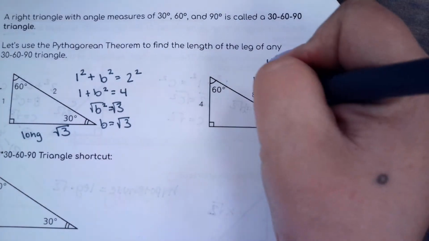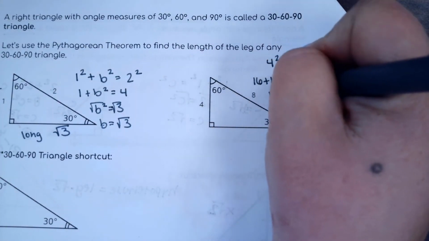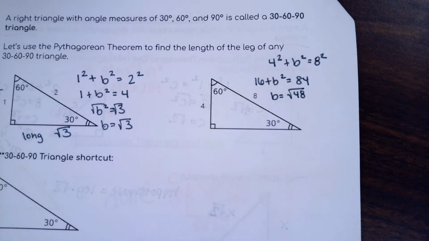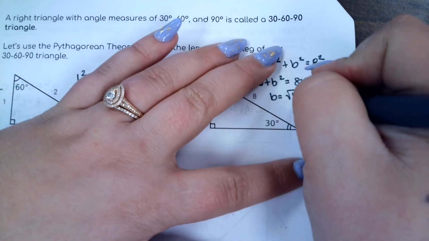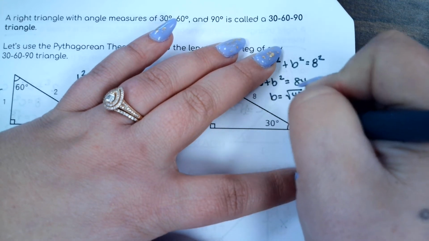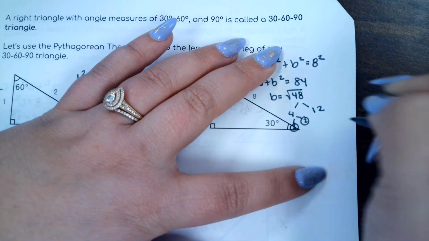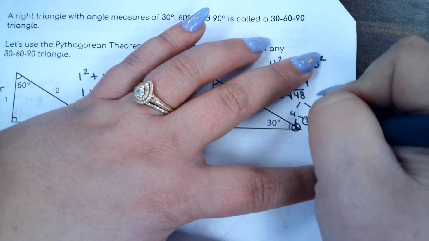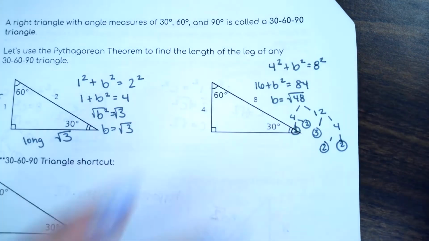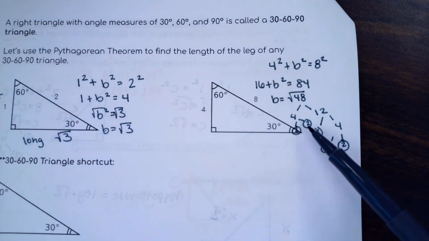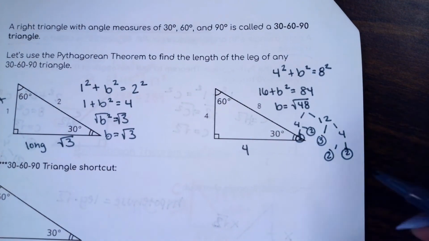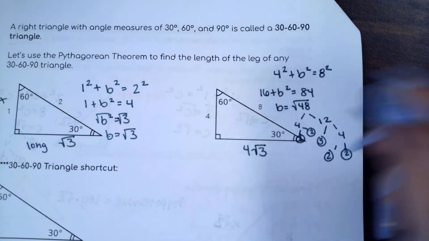Subtract 16 from both sides, we're going to get b equals the square root of 48. Now I want it in simplest radical form, so let's go ahead and simplify. That would give us 4 and 12, 2 and 2, 3 and 4, which is 2 and 2. So we have 2 pairs of 2s, so that gives us a 4 on the outside. And what's left without a pair? That's just 3.